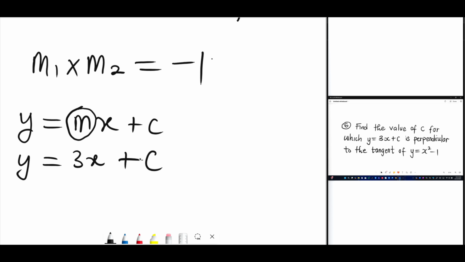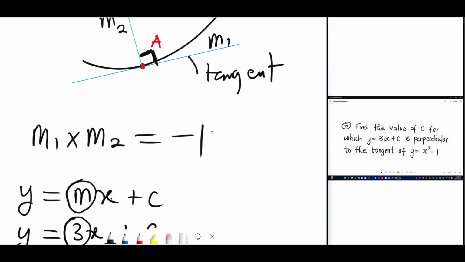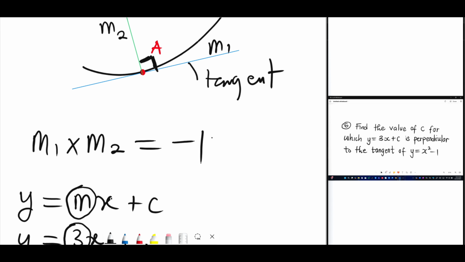So comparing the coefficients of x, m is equal to 3. So the gradient of the normal, the line perpendicular to the tangent of the curve, is 3. We labeled that gradient m2, so m2 is equal to 3.